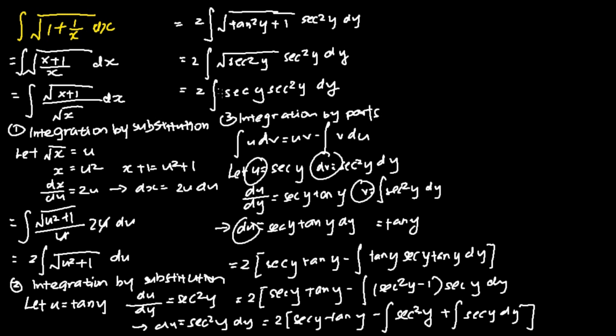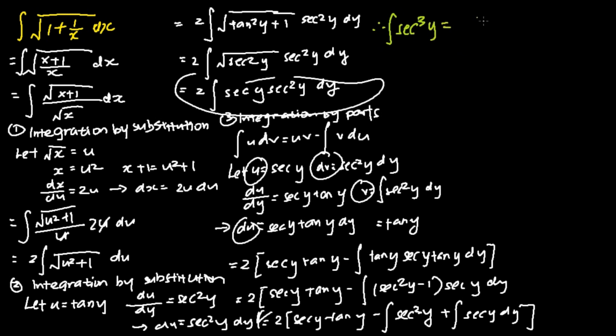From here we know that this particular equation and this particular equation down here, they are equal. So hence we can further simplify the equation into the following. We are actually finding the integral of secant cube y.